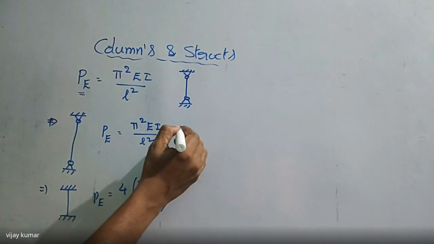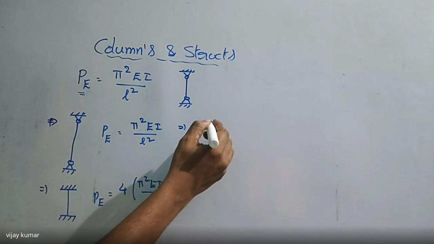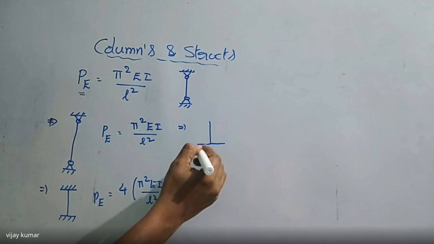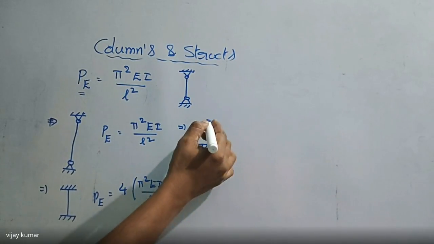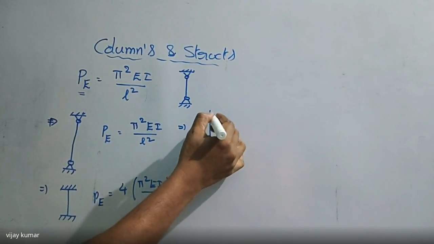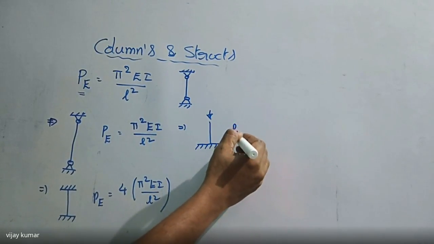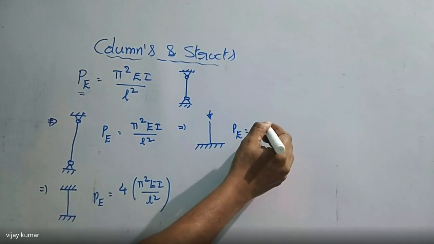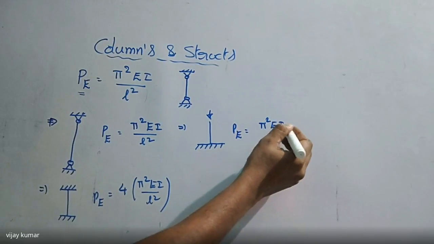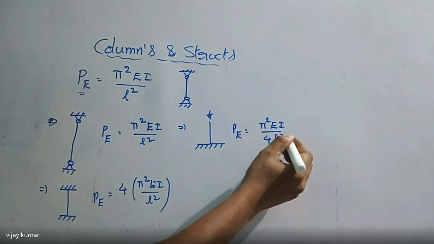In the third case, one end is fixed and the other end is free, and we are applying the compressive load. That critical load is equal to pi square into E into I divided by 4 times L square.